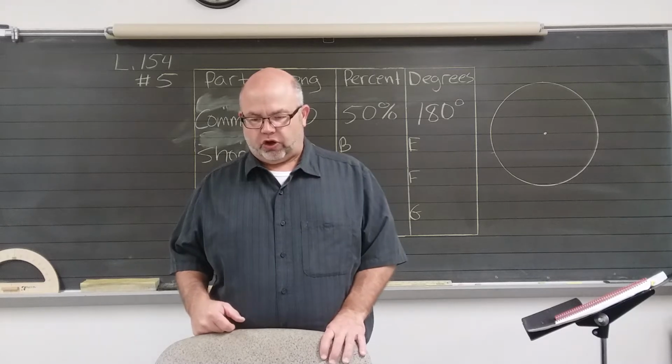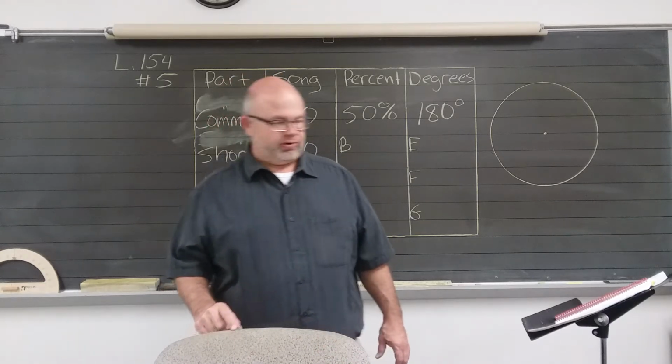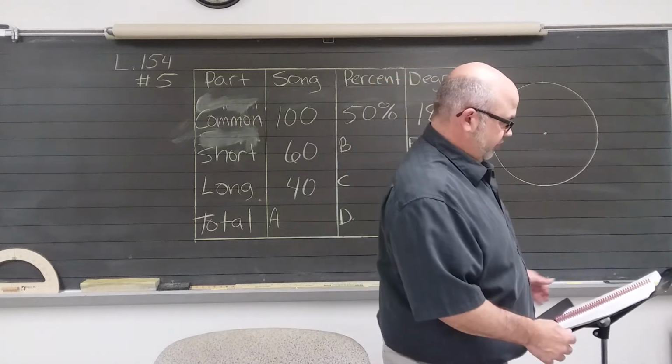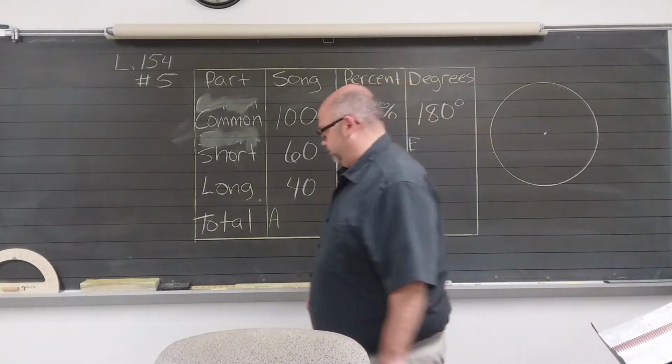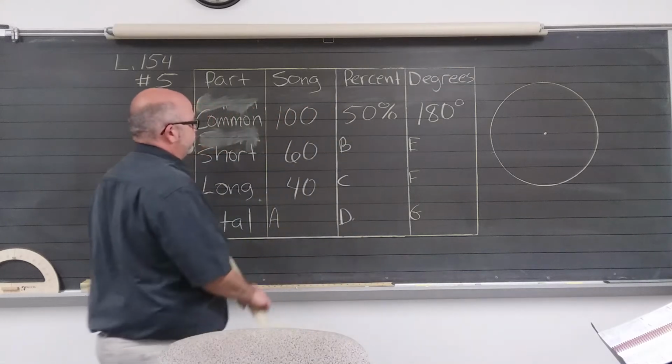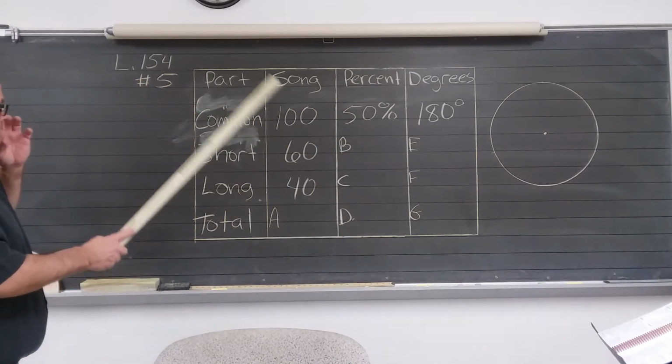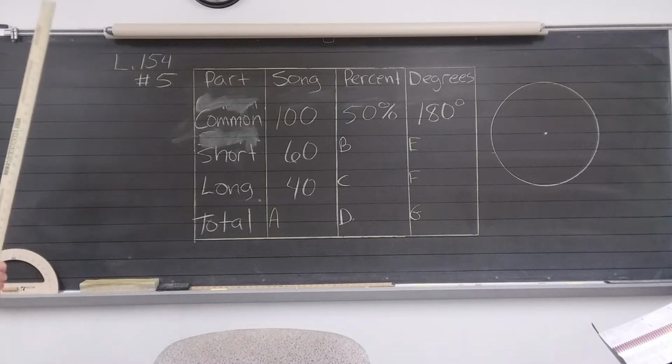Let's look first of all at lesson 154, number 5, the circle graph. And this should be what your graph looked like, right? Your chart. So let's fill in the chart. First of all, let's make sure that we know what's going on.